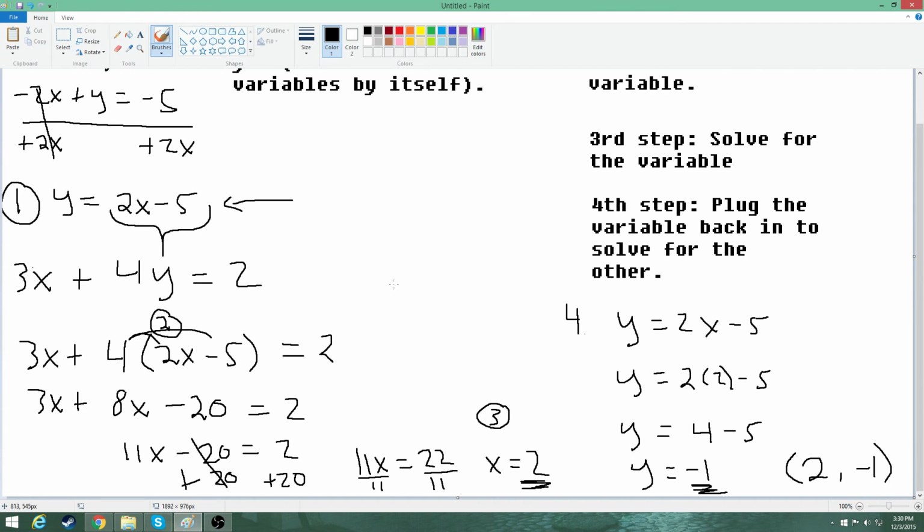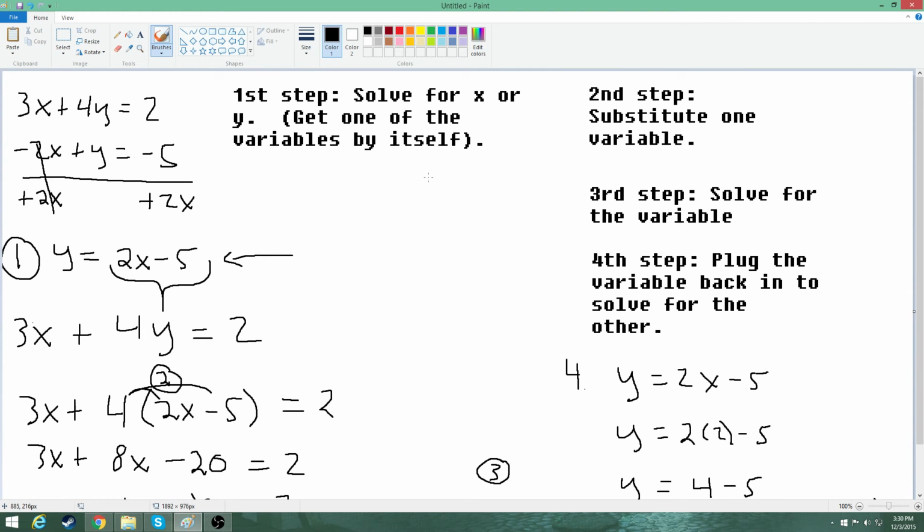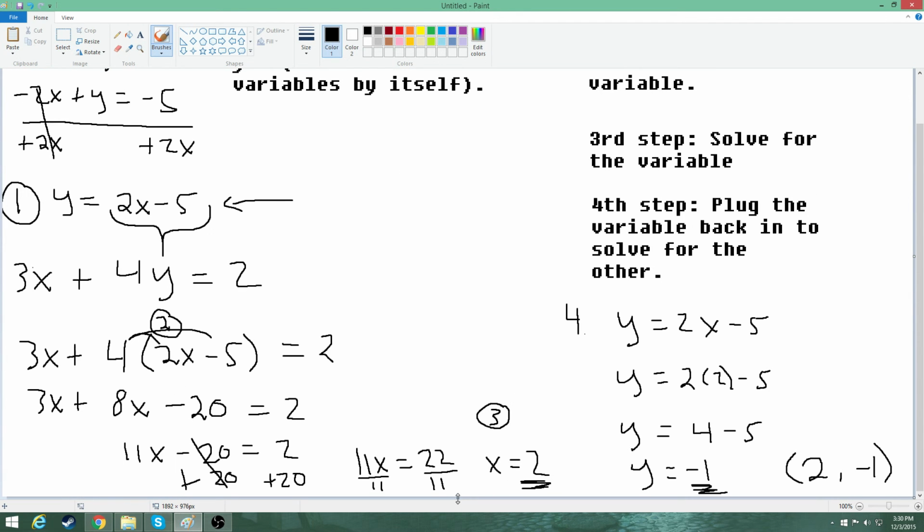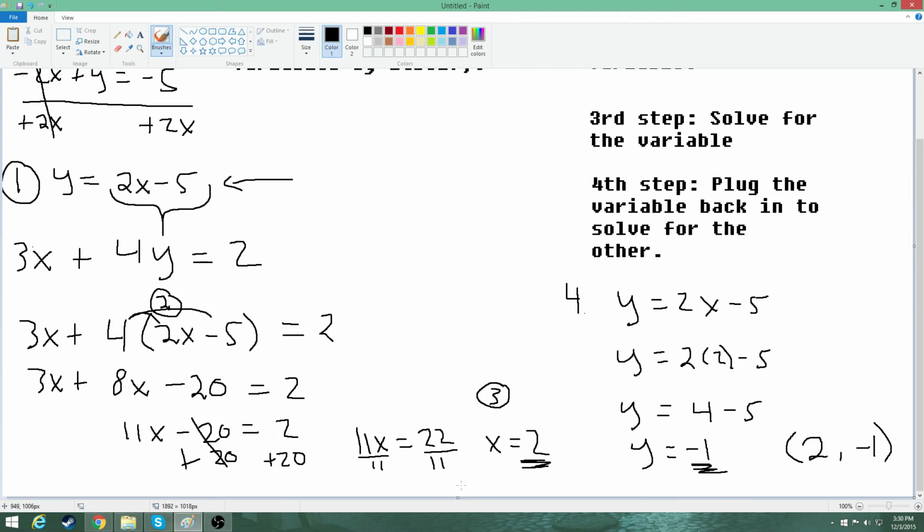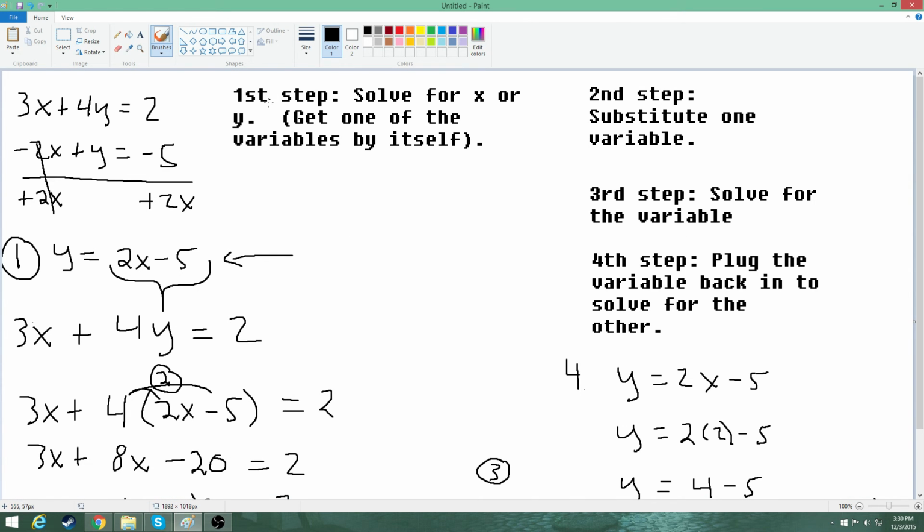Okay, so you might want to check just to be sure that you have it right. So we're going to have a checking spot. Okay. So let's check it out. I'll do the check in a different color. Here we go. Let's go with blue. Okay, so this is the check. Are these going to be our solutions?